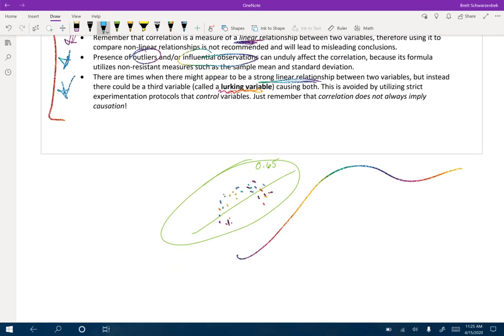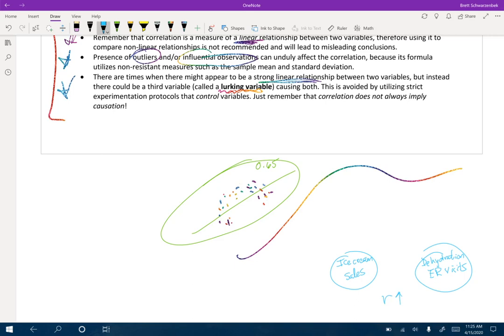One of the variables is ice cream sales, and another variable is dehydration ER visits. Okay, so we run a study and we find that there is an incredibly high correlation between these two variables.